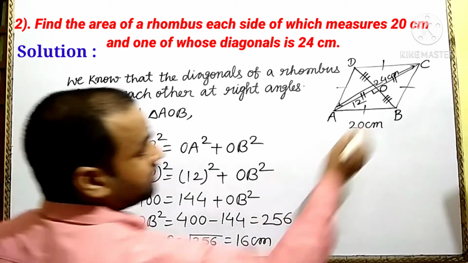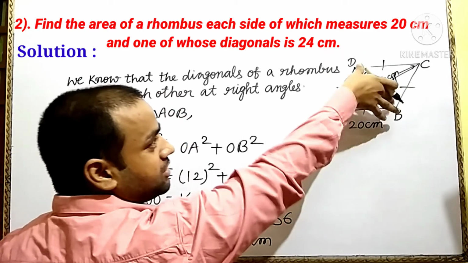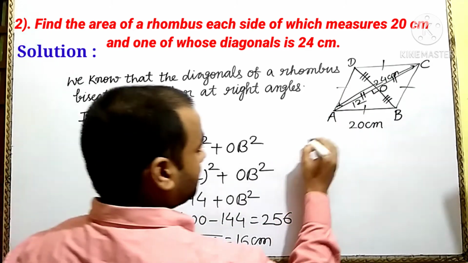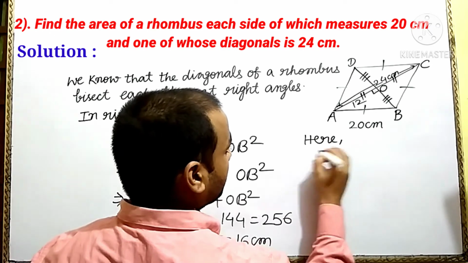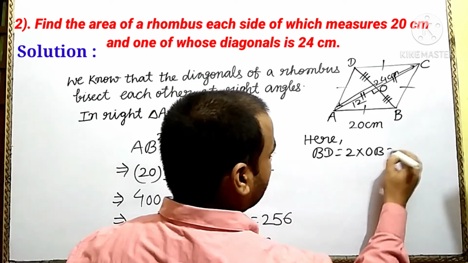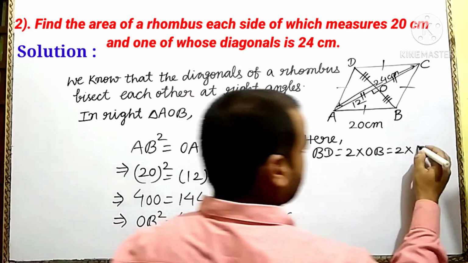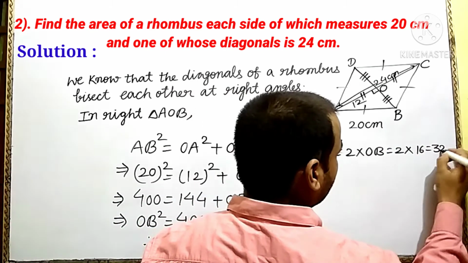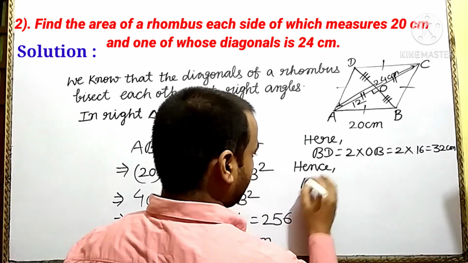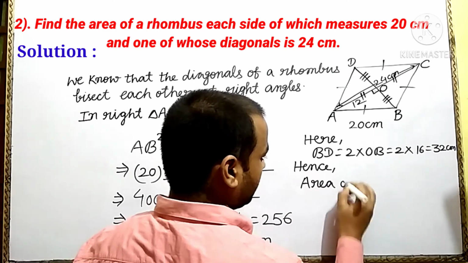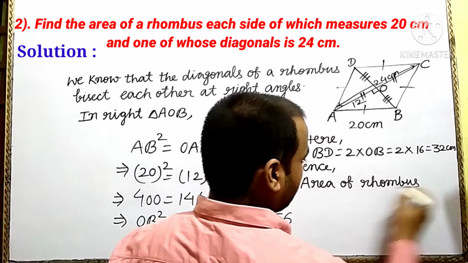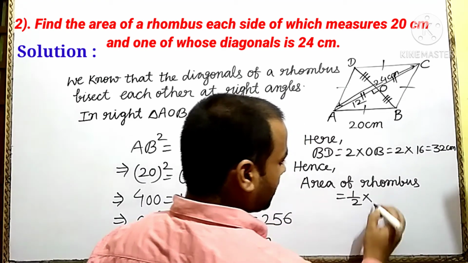So here we have OB. So find the BD. BD is equal to 2 into OB, means double of OB. So here BD is equal to 2 into 16, is equal to 32 centimeter. So hence area of rhombus is equal to half into product of diagonals.